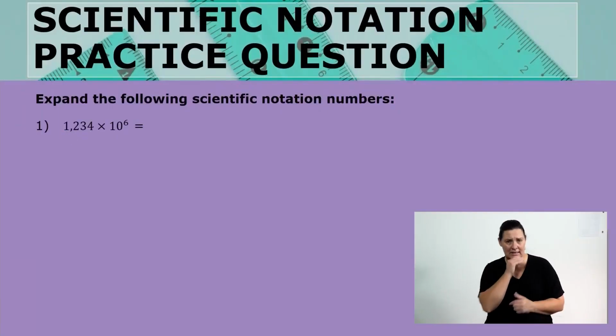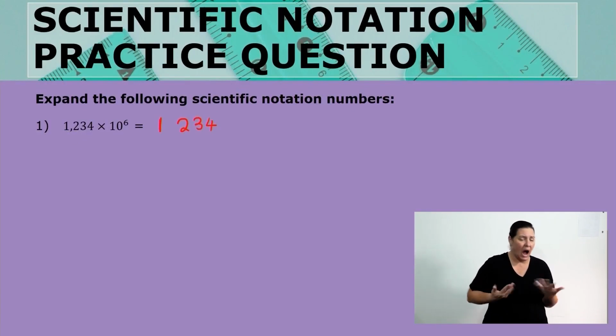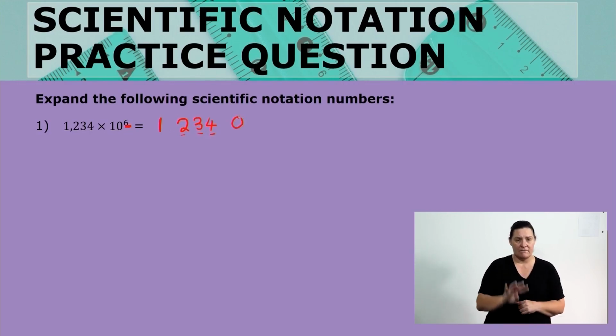So what does this mean? It means that we are going to have 1, and we are going to have our 2 and our 3 and our 4. But how do we find out which placeholder is there? We need to make sure that our numbers have shifted 6 places to the left. So we already have 1, 2, and 3, and then we continue that to have 4 and 5 and 6.